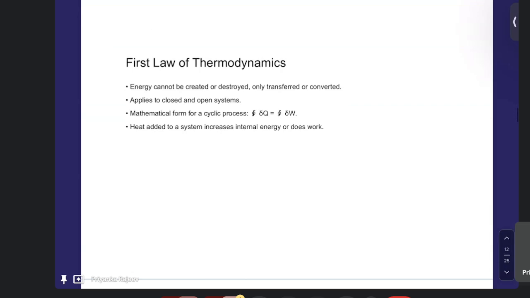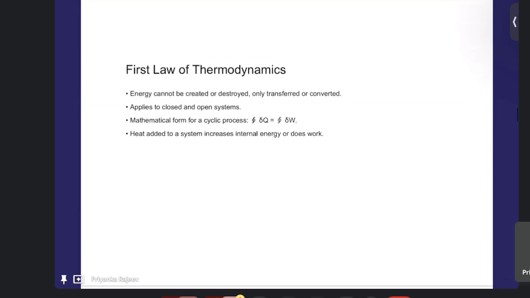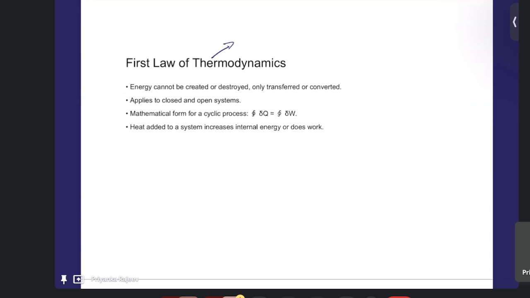Now, the first law of thermodynamics. The first law of thermodynamics is basically the energy conservation law.